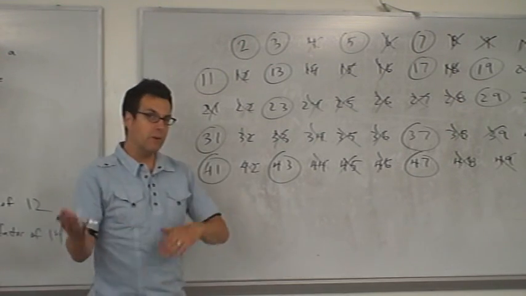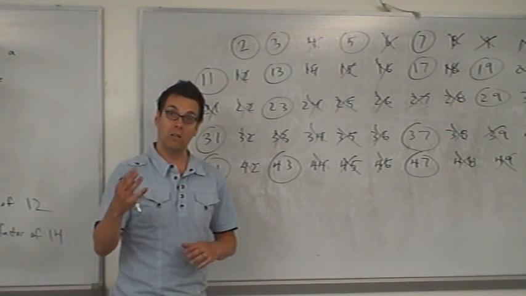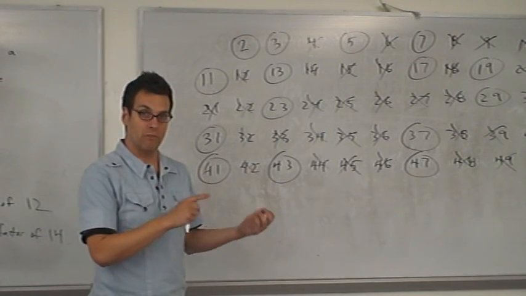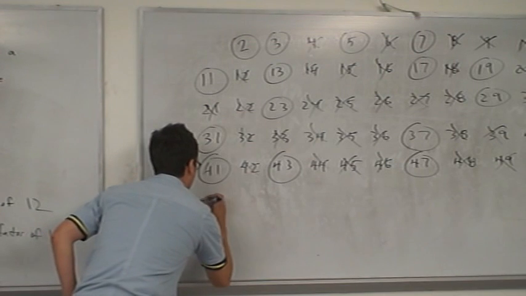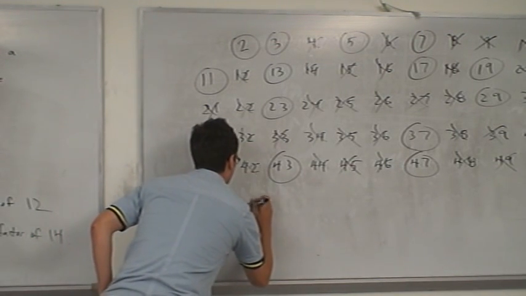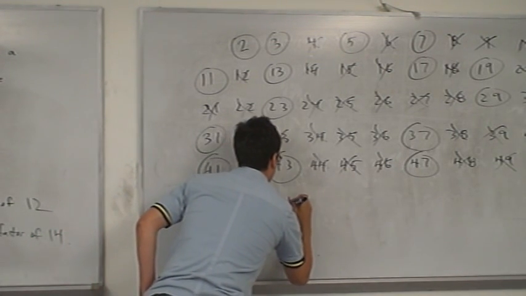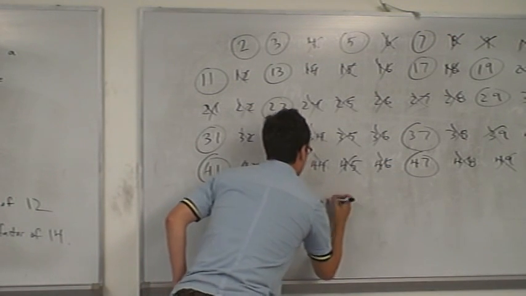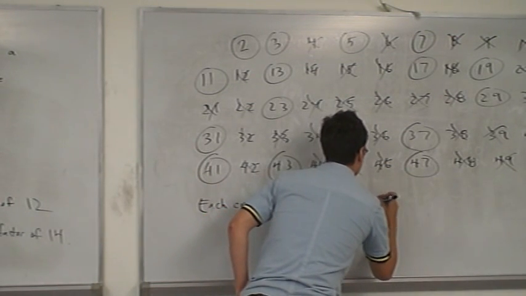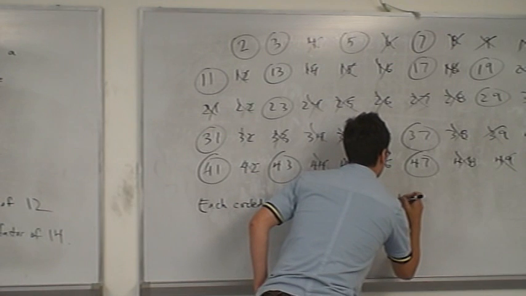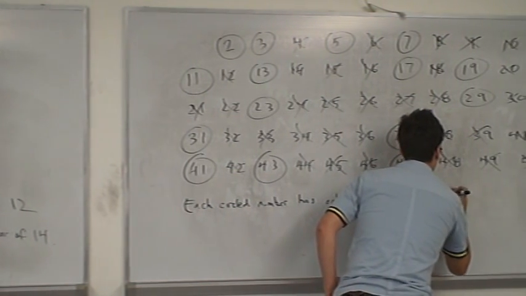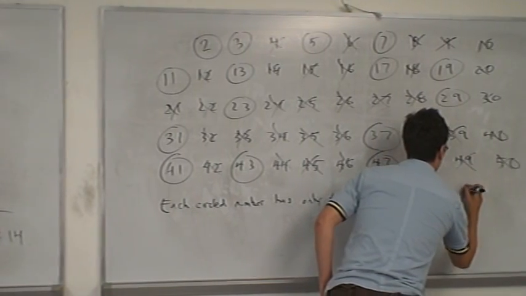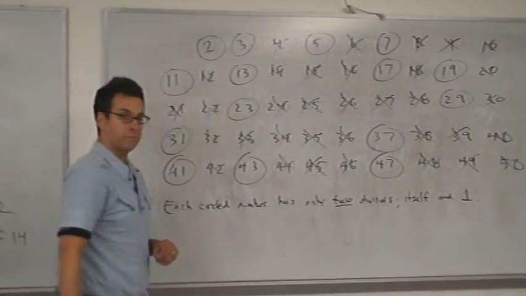All of the multiples of 3 have been crossed out, so all of the numbers that have a divisor of 3 have been crossed out, and so on and so forth. So each circled number has only 2 divisors, namely the number itself and the number 1.